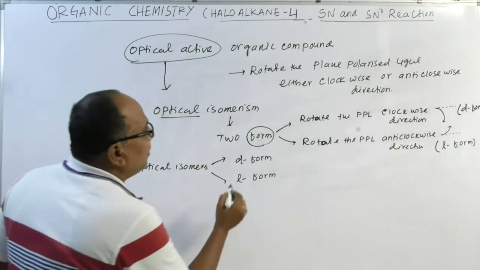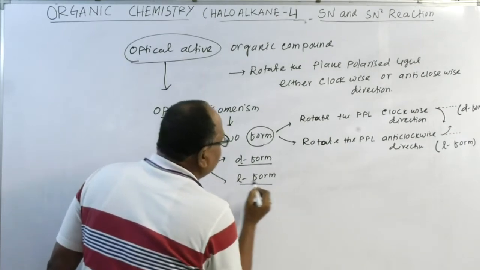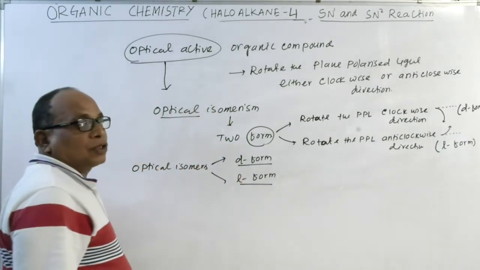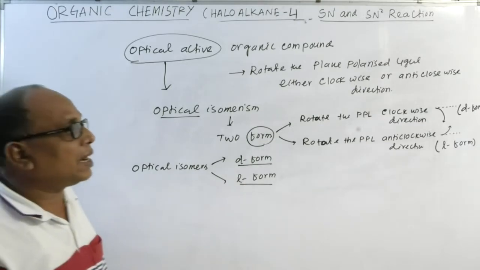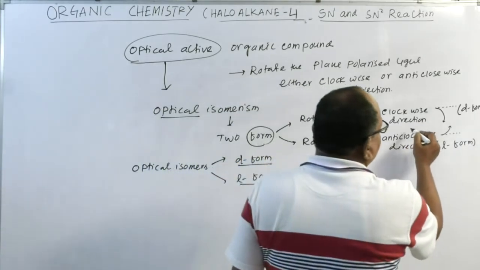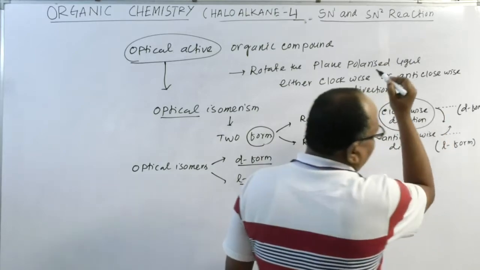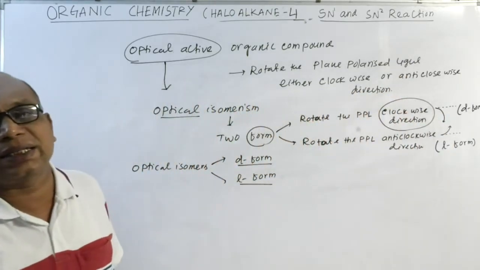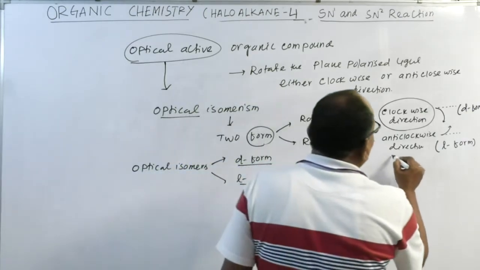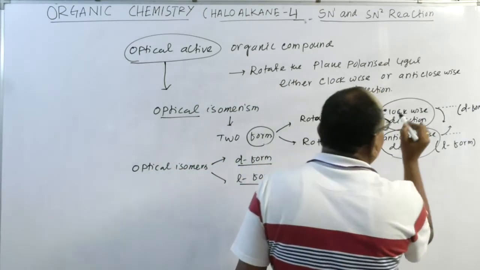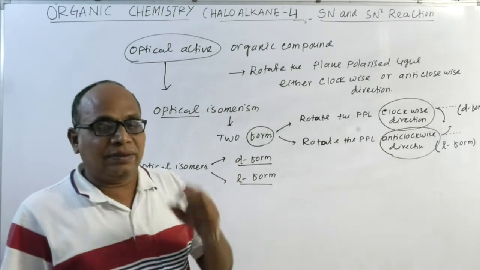So what is the D form and L form? D form means the optical compound which can rotate the plane polarized light in a clockwise direction. Then we can say D form. When it rotates in an anti-clockwise direction, then you can say it is the L form.